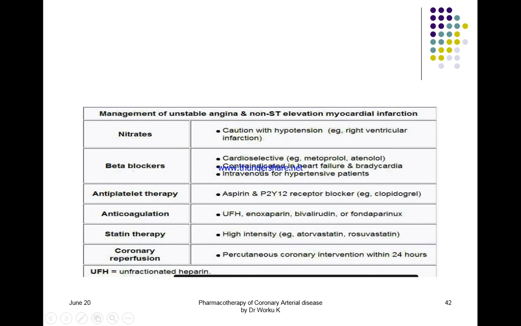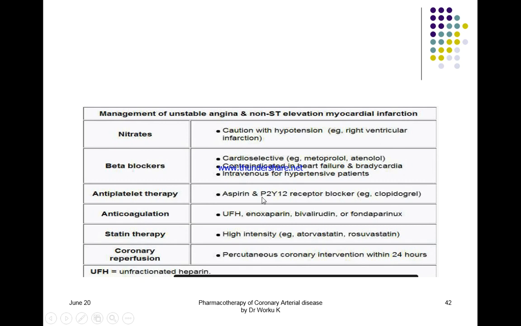Cardioselective beta blockers, particularly metoprolol and atenolol, are preferable to non-cardioselective drugs like propranolol. Beta blockers, as you know, are contraindicated in patients with heart failure, bradycardia, and second and third degree heart block. For the hypertensive patient, it's recommended to give intravenous beta blockers.